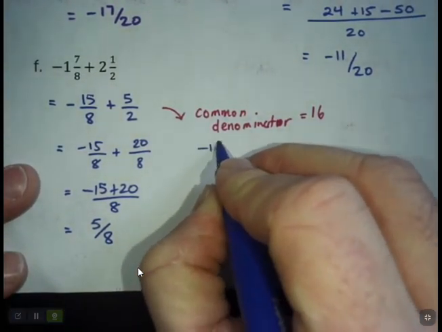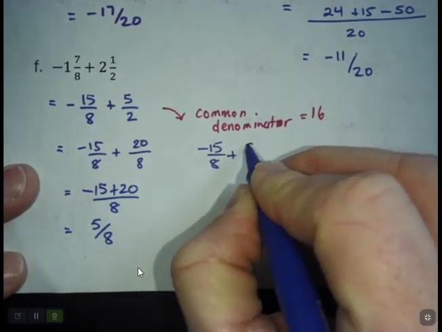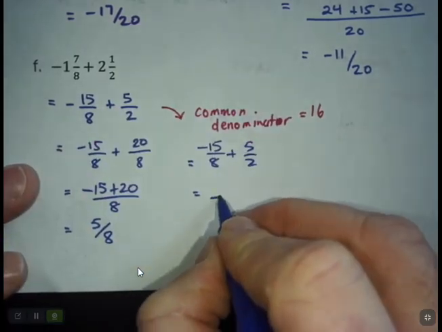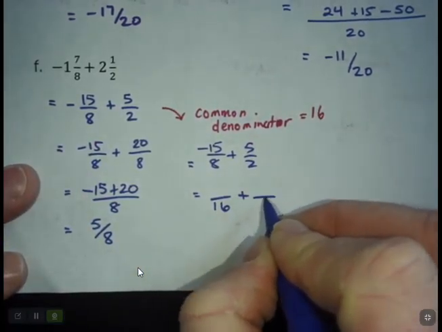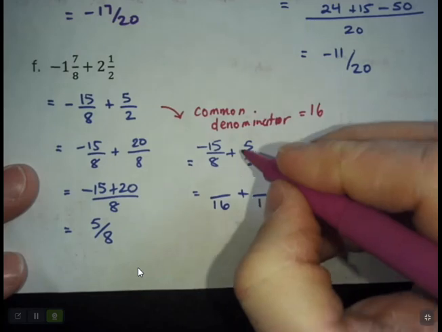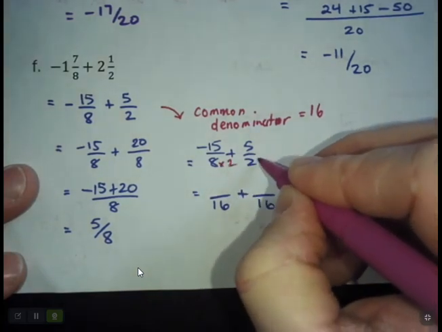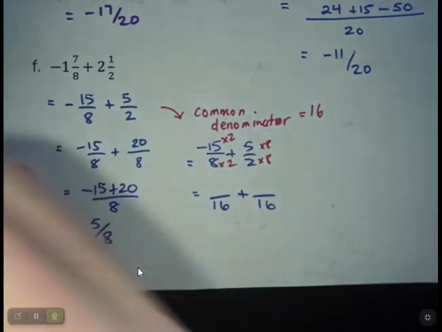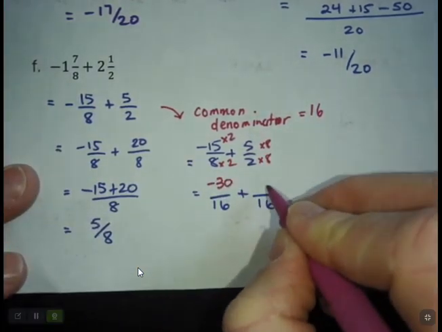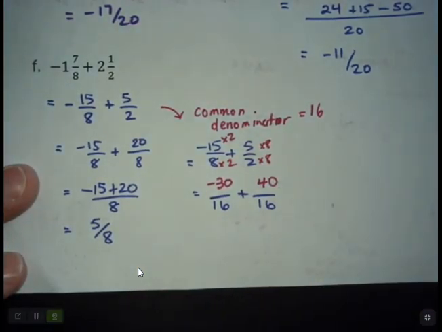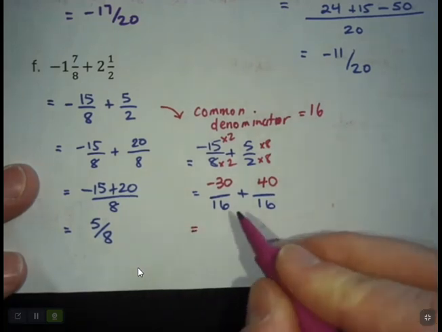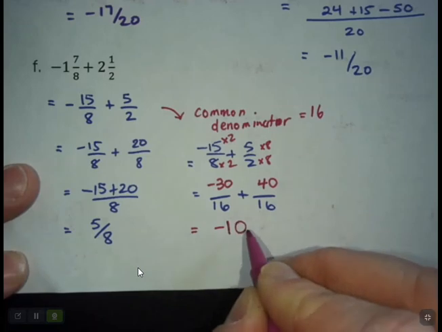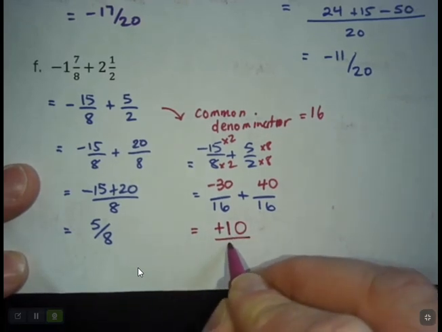Well, if I had this, and we wanted to make this out of 16, I could multiply this one by 2, this one by 8. It just means our numbers would have been a little bit bigger. But if I still do that, that becomes positive 10 over 16.